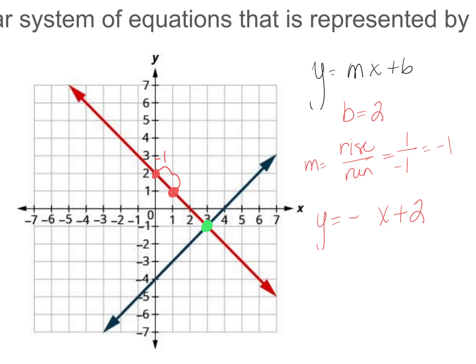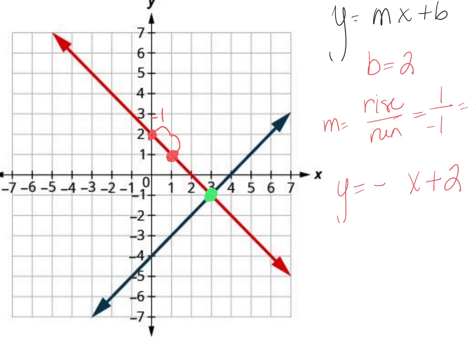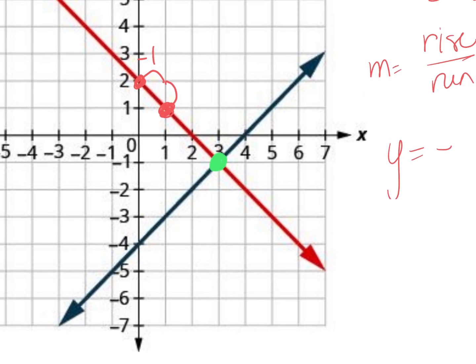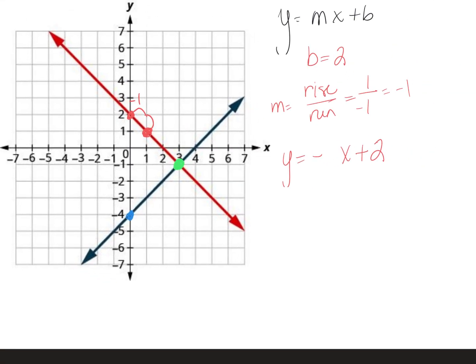Okay. This is a blue line. We'll call it blue. Looks like it's highlighted in blue. It has a -4 y-intercept. That's my b value. Again, I need a point. Rise over run again to get my slope. So rise 1. Notice this one is increasing left to right, so that's a positive sloping line. We should get a positive value.